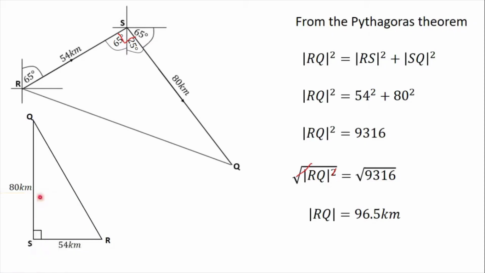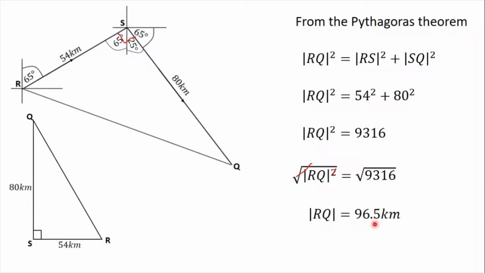Now you can see that when you find the square root of 9316 on your calculator, the value does not end at 0.5, it continues. But because the question told us to round our answer to one decimal place, you are going to round your answer to just one decimal place here. If you want to learn how to round your answer to the nearest decimal place, watch the video on approximations.